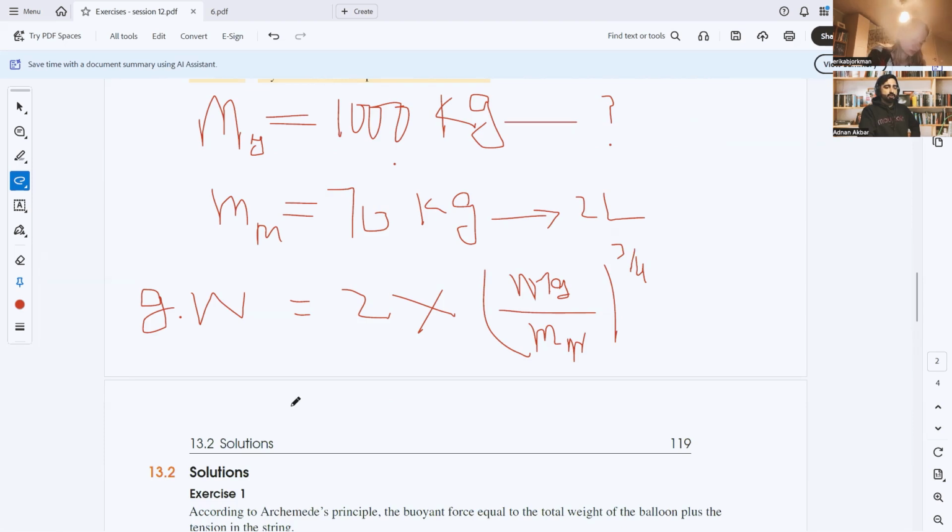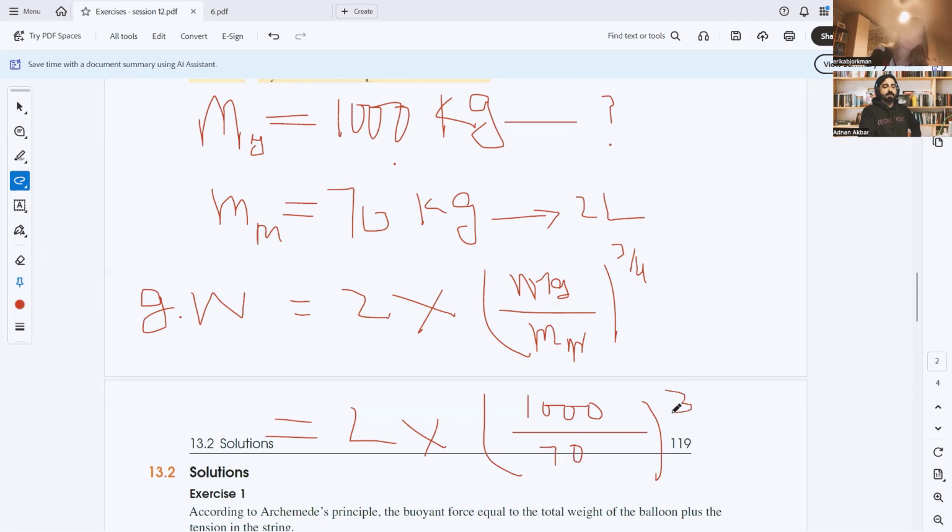That is actually 0.75. So let us put the value: 2 multiplied by 1000. Previously it was 7000 kg for the mass of the elephant, but here it is just 1000. Okay, fine.